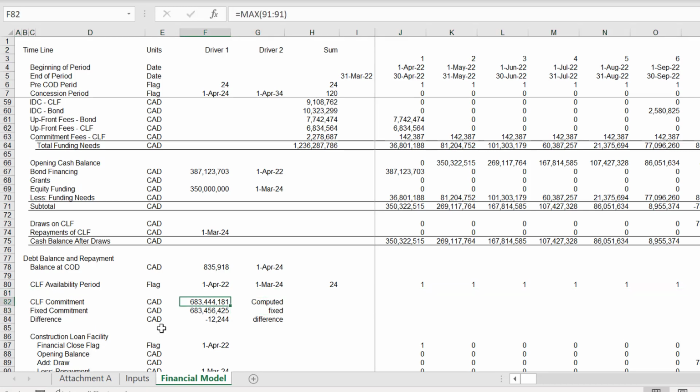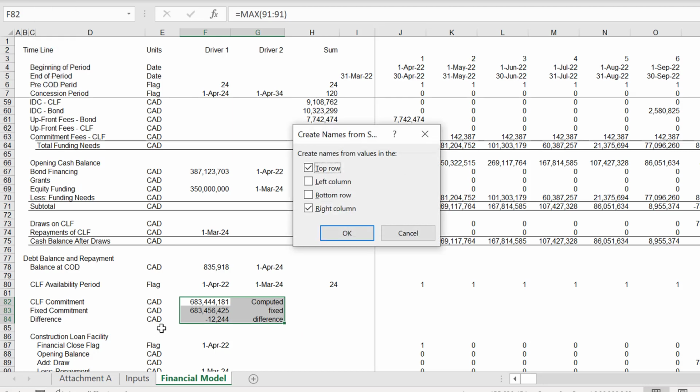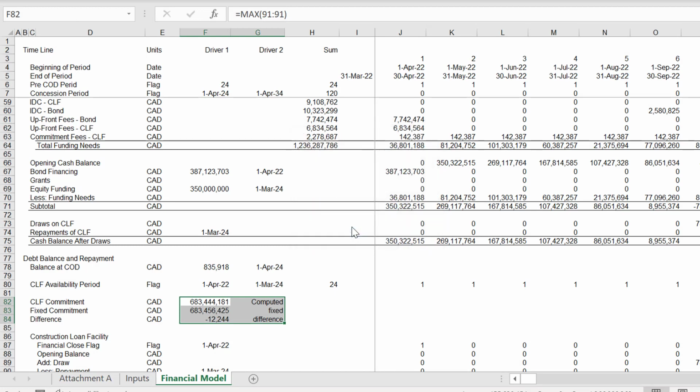We make a little range name around this thing. Shift Control F3, no top column. The other thing we want to do is, this balance at COD didn't get to be 0, so I'm going to move this date up here and put balance.